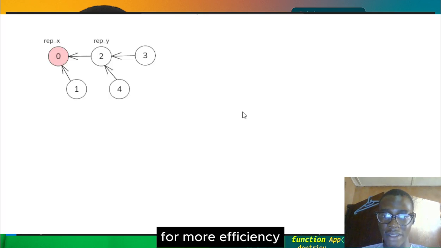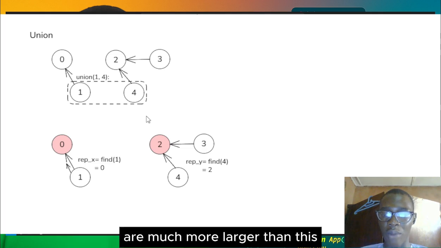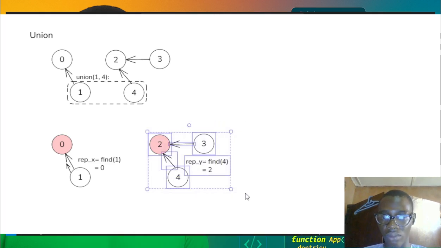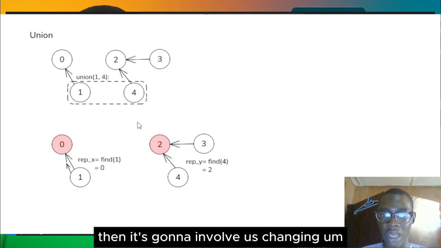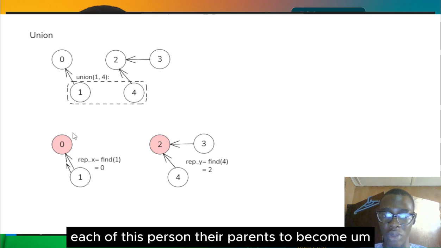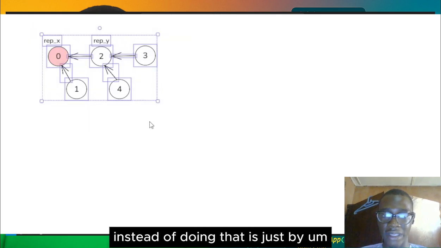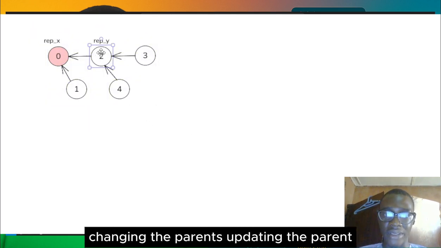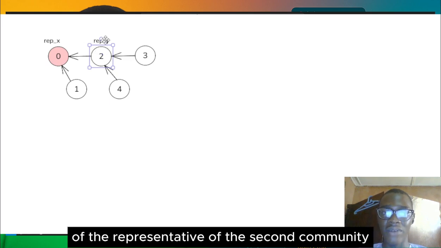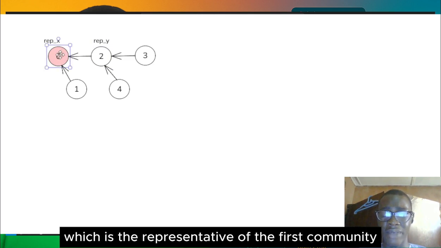For more efficiency, imagine a situation whereby the number of people in the second community is much larger than this. Then it would involve changing the parent of each of these persons to become the new representative of the merged community. A more efficient way is instead just updating the parent of the representative of the second community to be the representative of the first community.